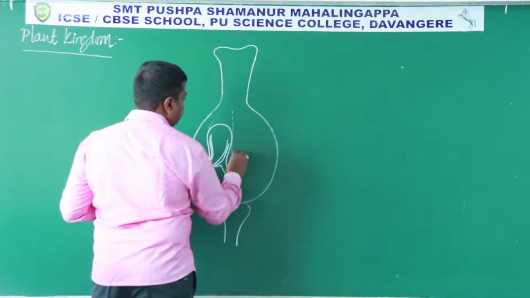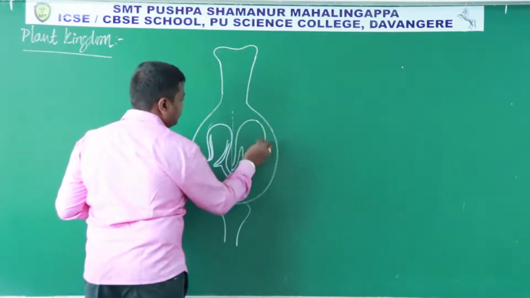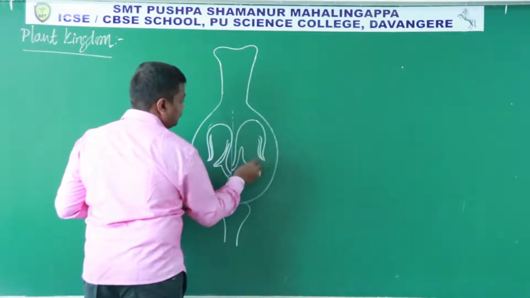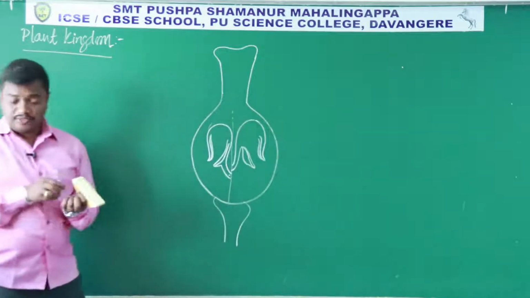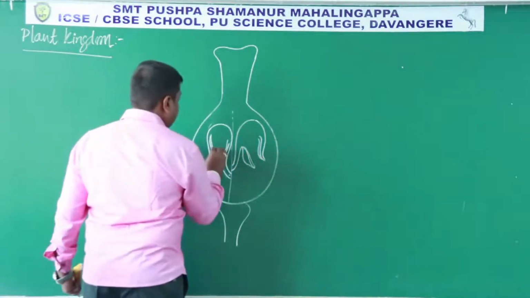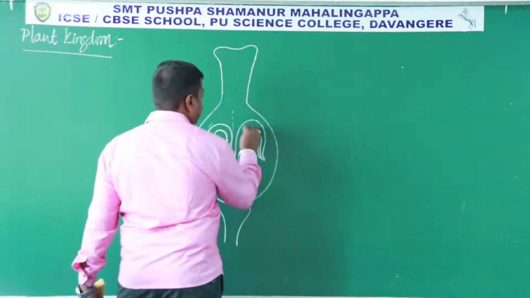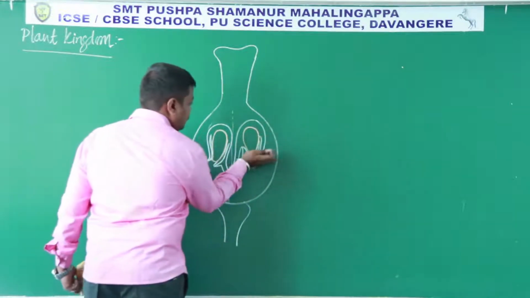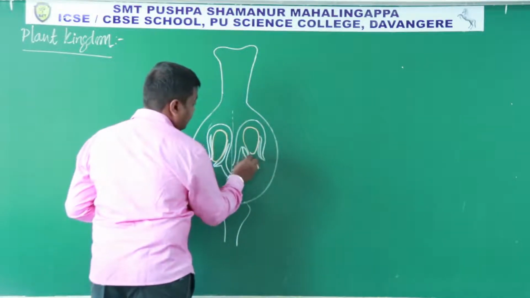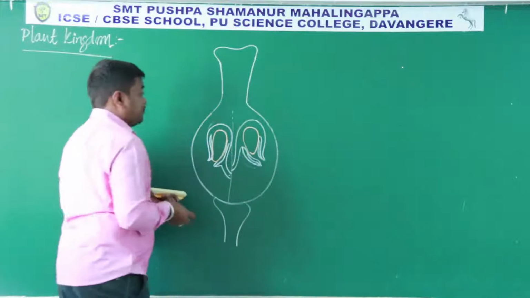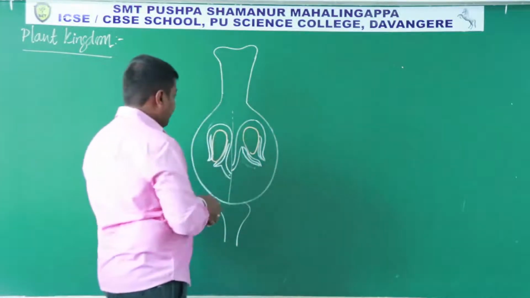Like this, 2 ovules are present there. Within the ovule you can see the embryo sac, and the micropyle should be small. Let me take only 2 ovules within an ovary.